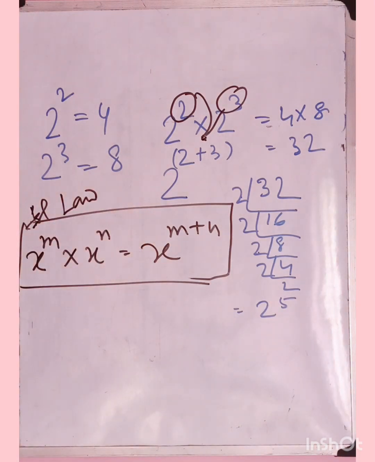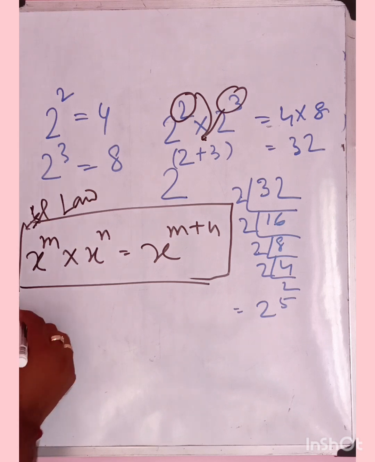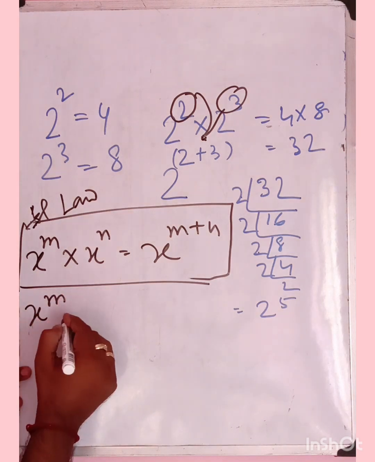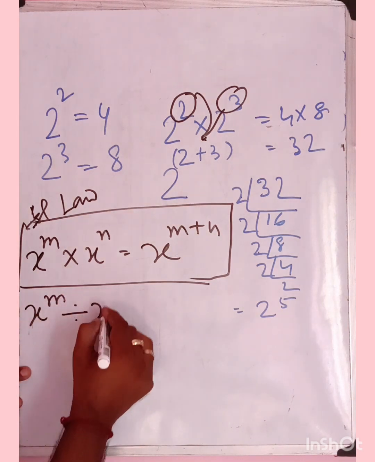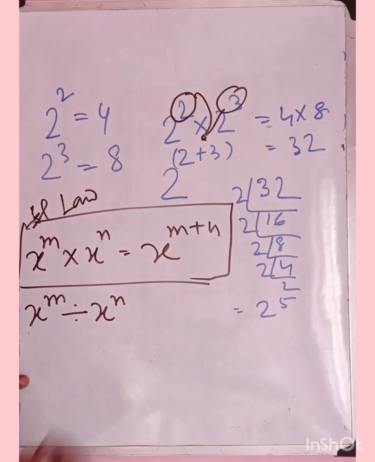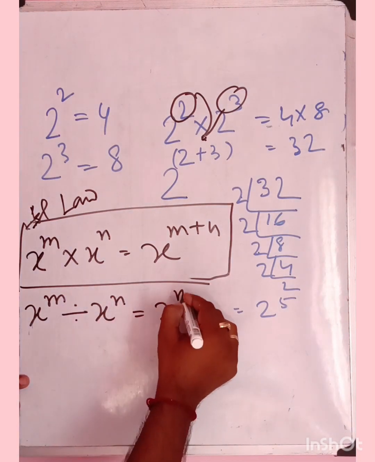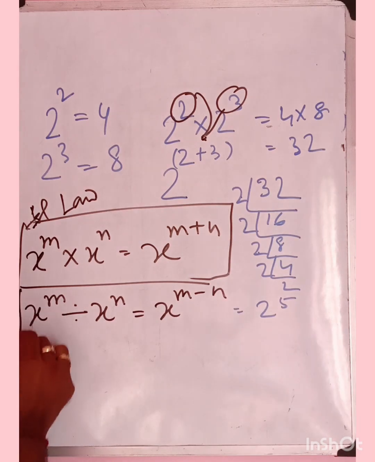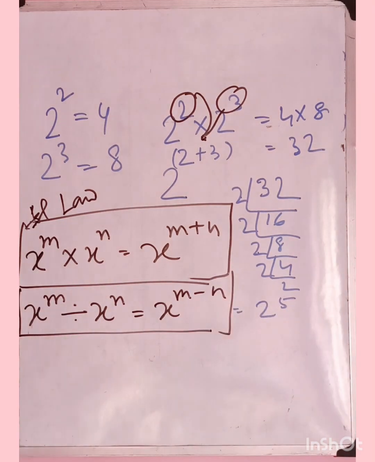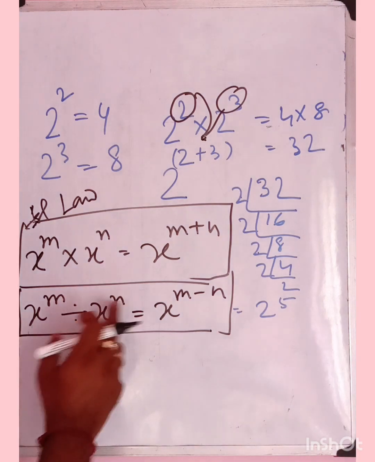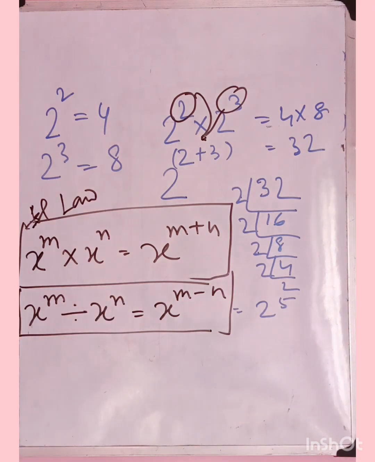Second law is similar, only the sign is different. x to the power m divided by x to the power n, the power is subtracted: x to the power m divided by x to the power n equals x to the power m minus n. Second law.